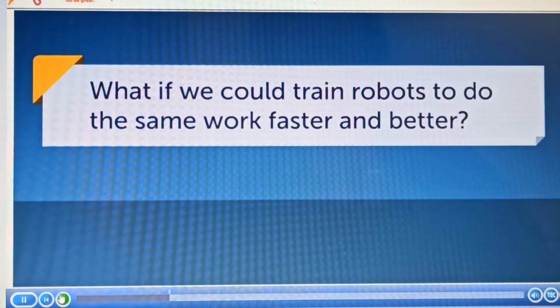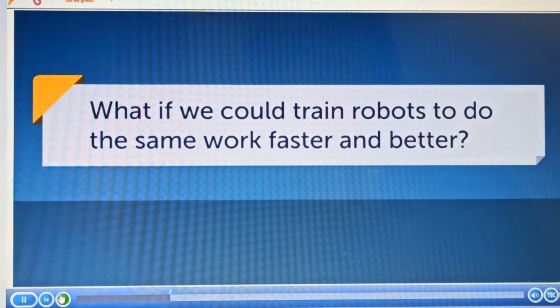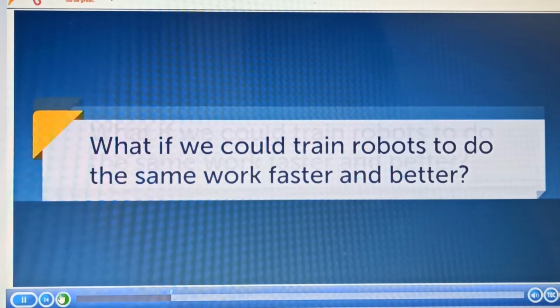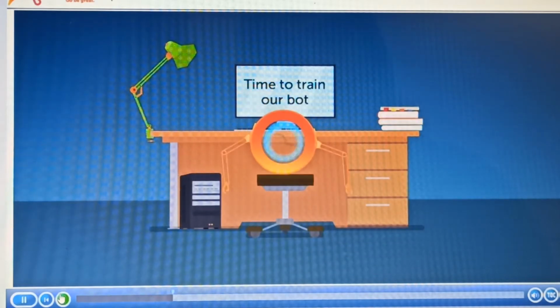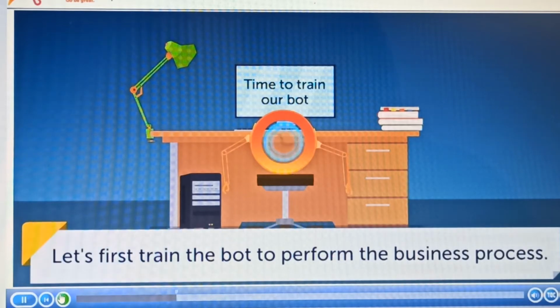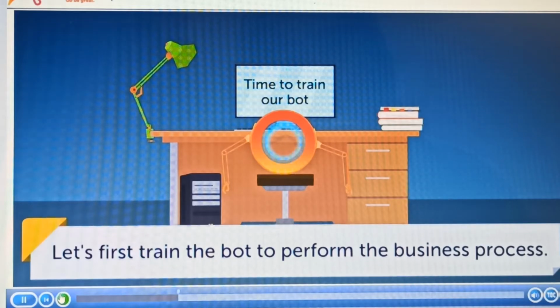Now, what if we could train software robots to take over these mundane processes? Software bots can be trained to execute your repetitive daily tasks while you invest your precious time in work that adds more value to your business process. Let's see how we can train the software robots to perform a business process.